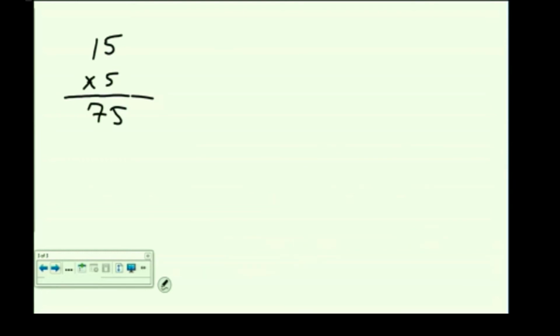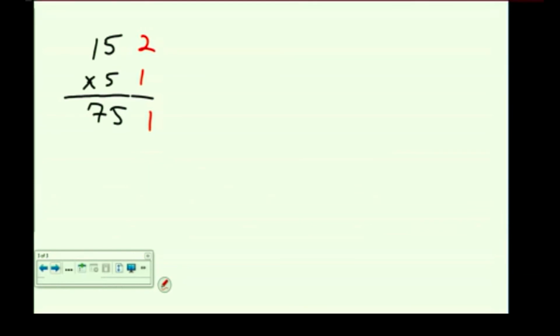Is that the right answer? No. What's wrong with that answer? Too many digits. When you put it in your calculator, that's what it gives you, isn't it? But it doesn't have the right number of sig figs in it, does it? So, 2 sig figs, 1 sig fig. That means we can only have 1 down here.